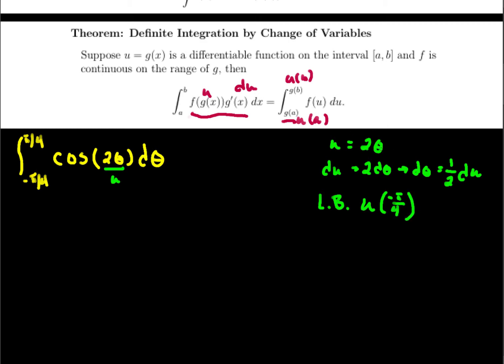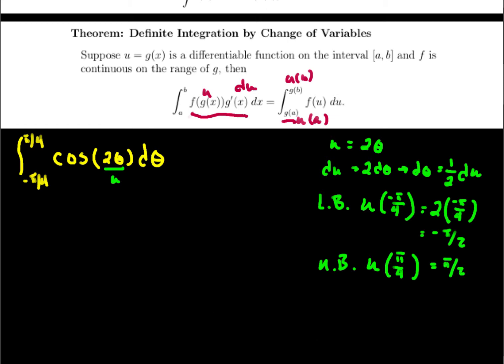U is just 2 times its input. So this is equal to 2 times negative pi over 4, which is negative pi over 2. Similarly, my upper bound will be given by u of pi over 4, which is equal to pi over 2.